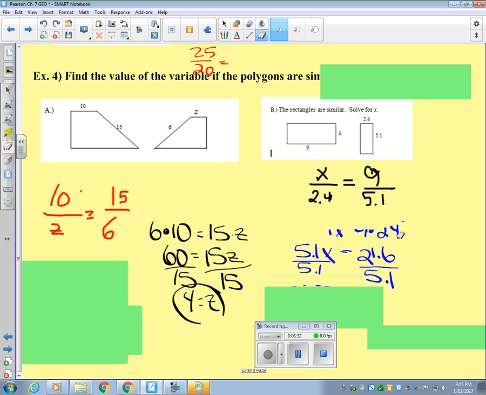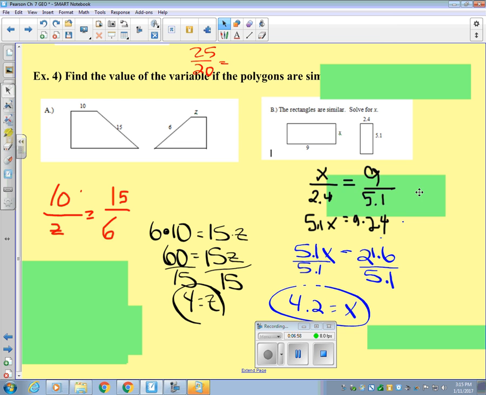When we do that, we get 5.1x equals 9 times 2.4. So we're going to multiply the 9 times 2.4 to get 21.6. And then we're going to divide both sides by 5.1. When we do that, we get x equals 4.2.